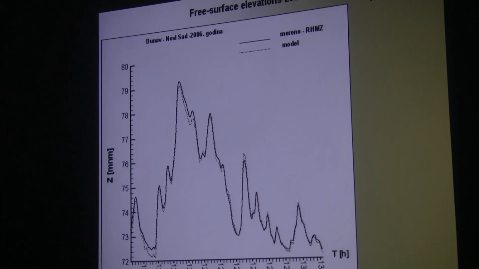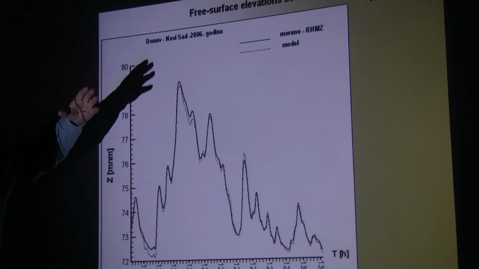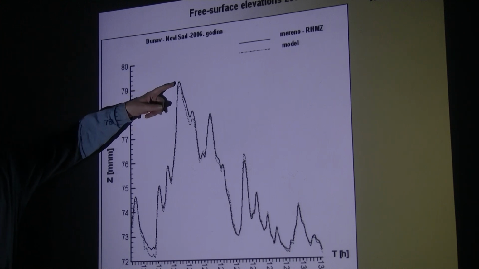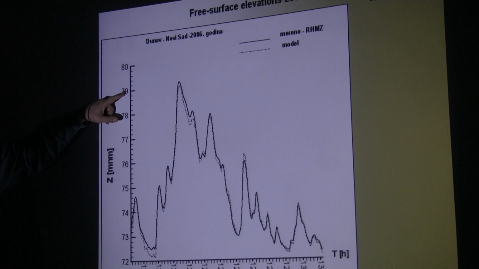And you can see, for example, here, a comparison between our model and data that come from Hydromet services. It's the upstream end of the main water course, which is the Danube around Novi Sad. You see peak values over 79 meters above sea level, and the wave pretty much preserves the same shape as it travels downstream.